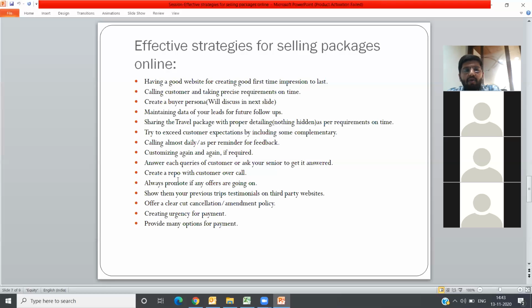Then, after calling the customer and taking precise requirements, you have to create a buyer persona. I'll be discussing the buyer persona in the next slide. Then you have to maintain data of your leads for future follow-ups. We are maintaining a Google Sheet; you can use any other sheet, Word file or Excel.